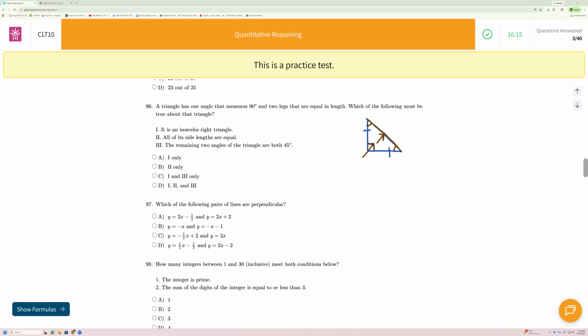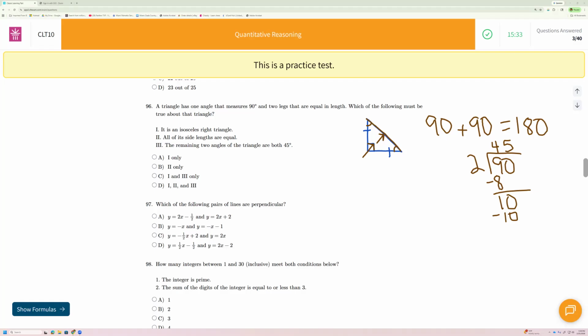So if the angles inside a triangle have to add up to 180, and these two are the same, that means we need to do 90 divided by 2, because they're equally divided into 2. 90 plus 90, of course, is 180. So 90 divided by 2 goes into 9 4 times. 45 degrees each angle.